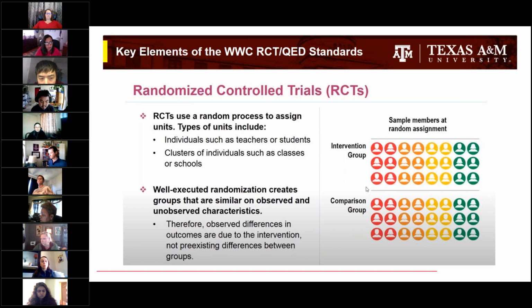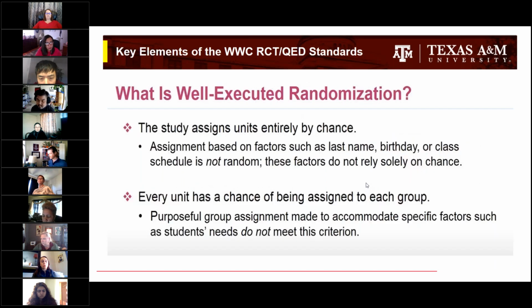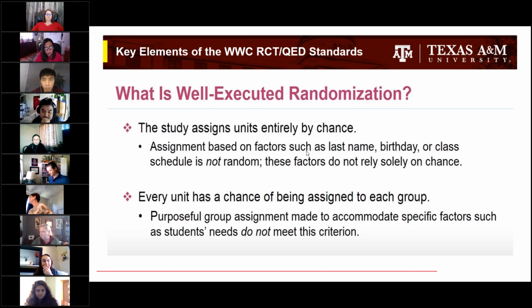So the next question is, what is well-executed randomization? The study assigns the units entirely by chance. So assignment based on factors such as last name, birthday, or class schedule is not random. These factors do not rely solely on chance.